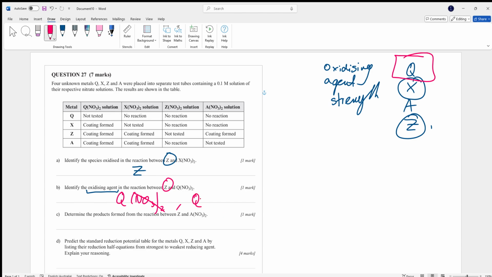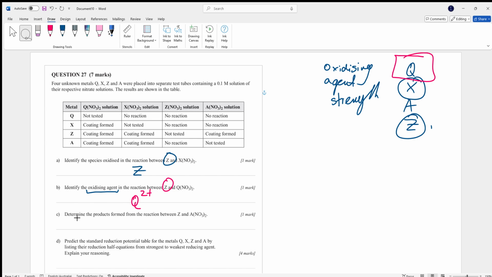I would put Q2+. The reason it's 2+ is because NO3 by itself is -1, and there are two of them in this compound. That's why Q is 2+, because it has to be a neutral charge. So the first two questions are pretty easy now that we've gotten that table there. Again, you didn't have to do that, but I would recommend that.